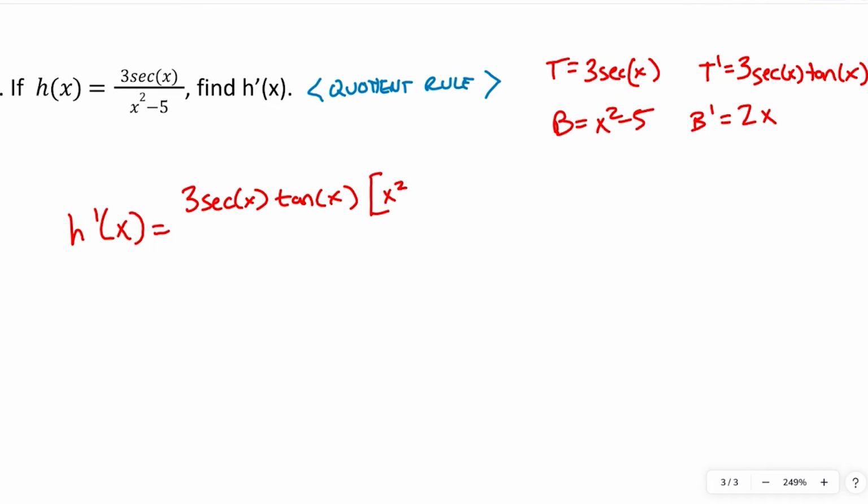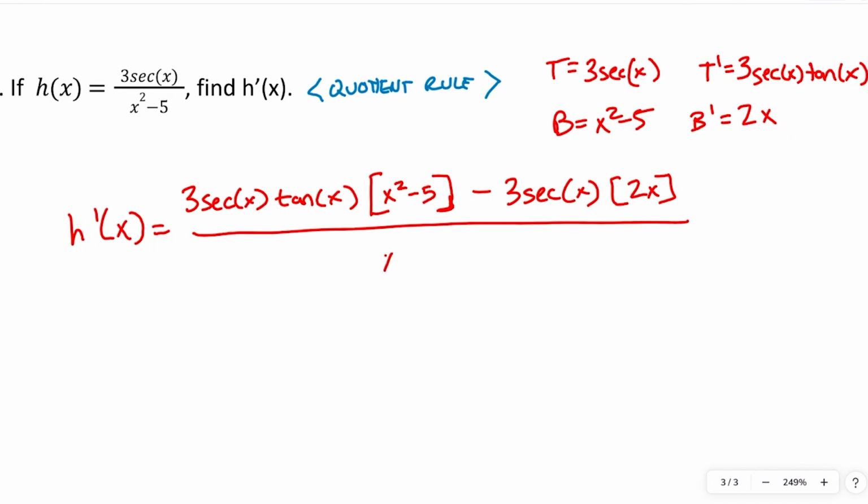I might use brackets here just to really clearly separate it off from that other parenthesis. Minus the top, so 3 secant x, times the derivative of the bottom, 2x, all divided by the bottom squared.